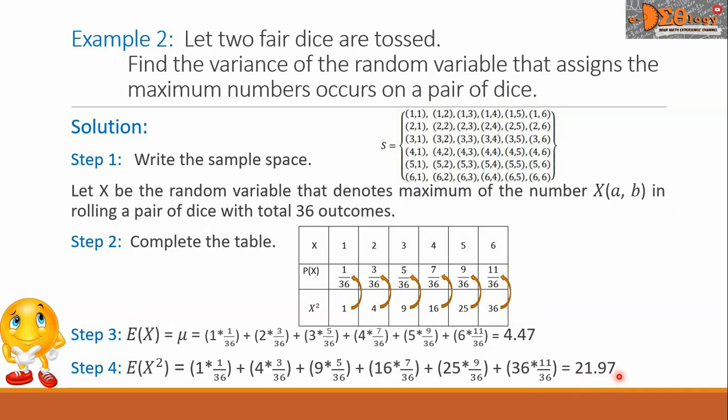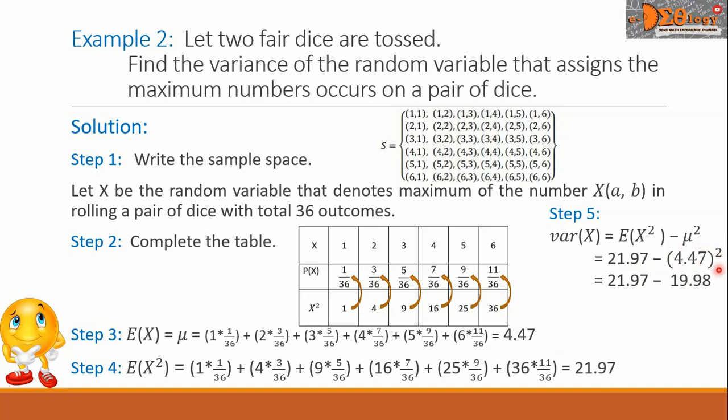Now we're ready for step 5, that is to compute the variance. Our formula: E of X squared, coming from step 4, minus mu squared from step 3. Substituting the corresponding values, we have 21.97 minus the square of 4.47.